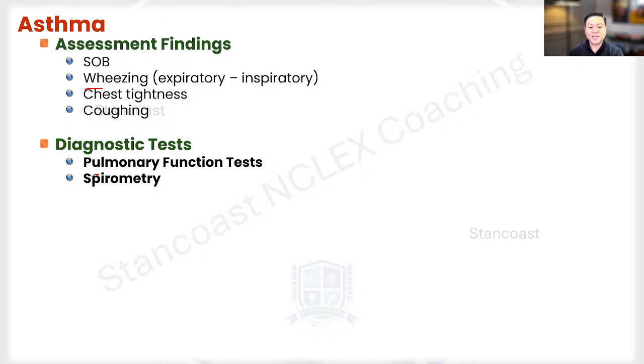Now, another diagnostic test is the spirometry, which is going to be done before and after a bronchodilator in order to confirm the diagnosis, of course. This also includes inhalation of a bronchodilator, especially a beta-2 adrenergic agonist.